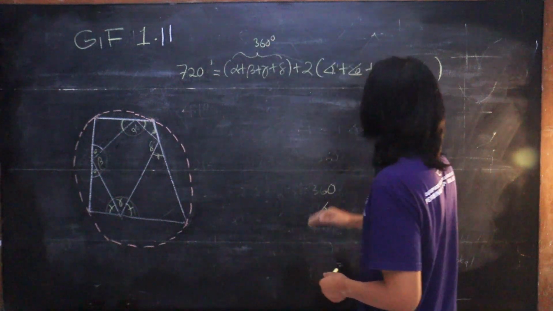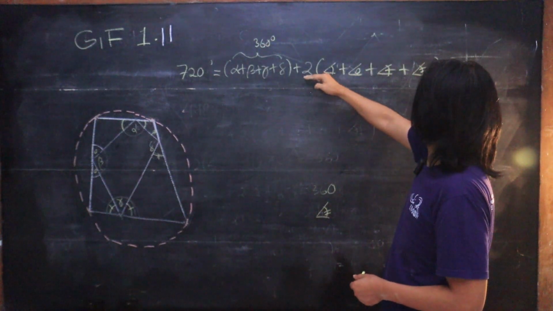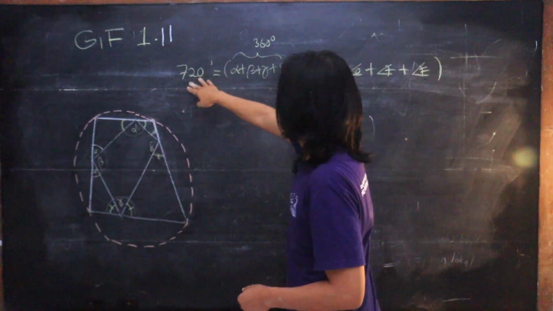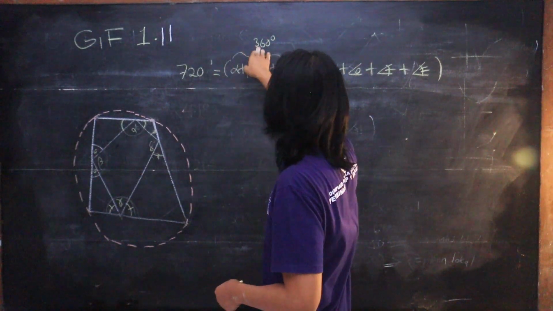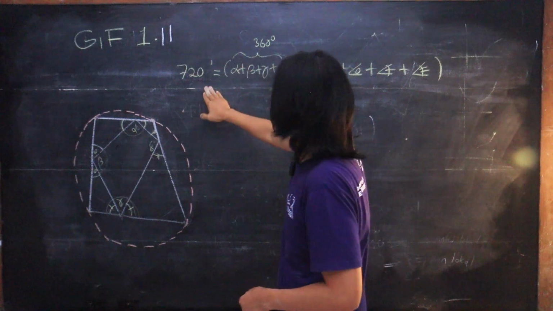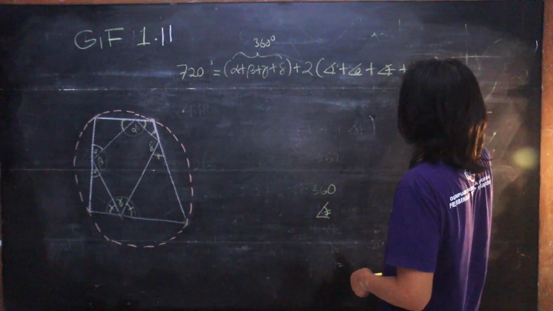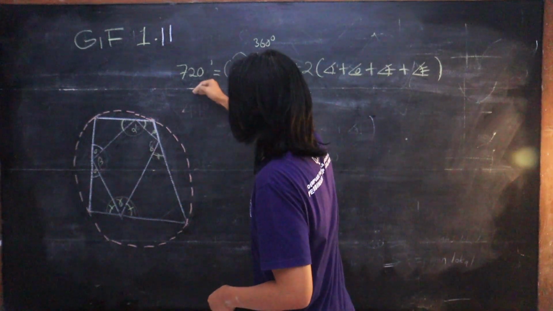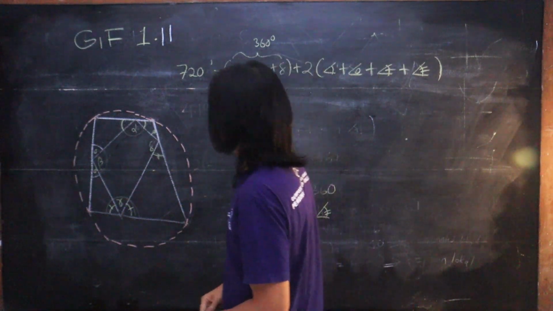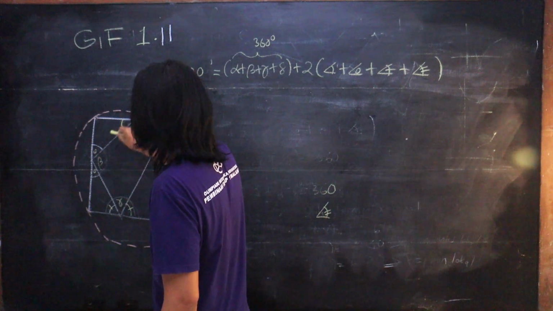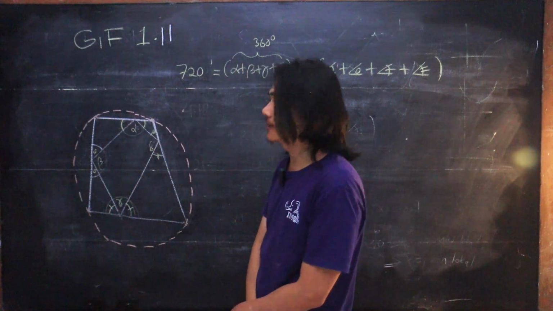So twice the sum of all these angles is equal to 720 minus 360, which is 360, or in other words, the sum of all these angles is 180, right? So the sum of all these different angles is 180 degrees.